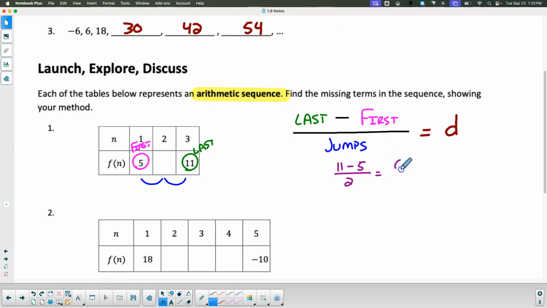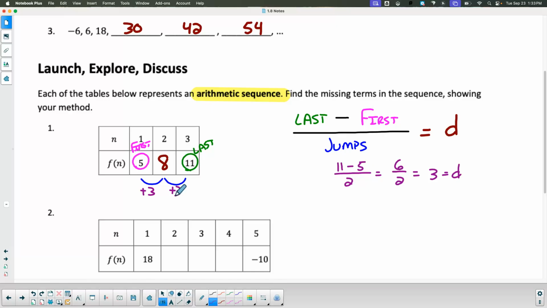So my common difference here is 3. So 5 plus 3 is 8, 8 plus 3 is 11, and I've got my arithmetic sequence.